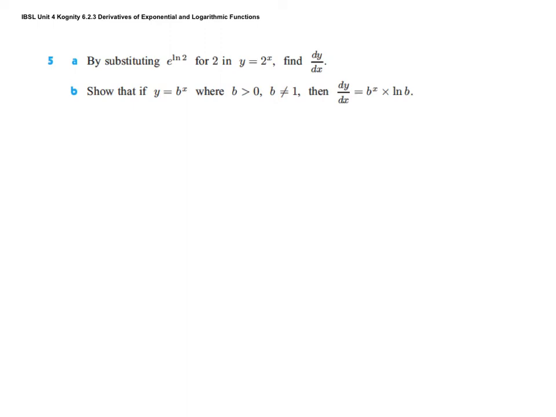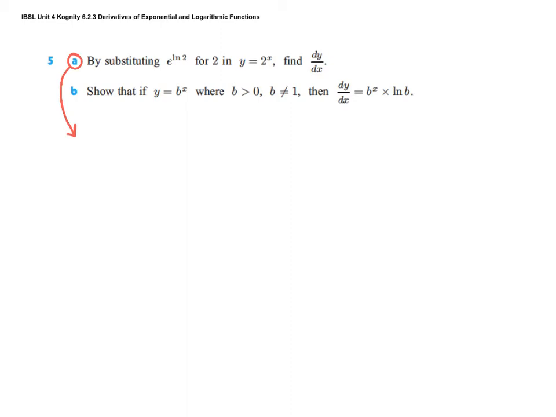So, by substituting e to the ln of 2 for 2, notice e to the ln of 2 equals 2, right? e and ln are inverses of each other, so that just equals 2. But we're going to use that identity in y equals 2 to the x. The derivative of 2 to the x is not 2 to the x. That only works for e to the x.